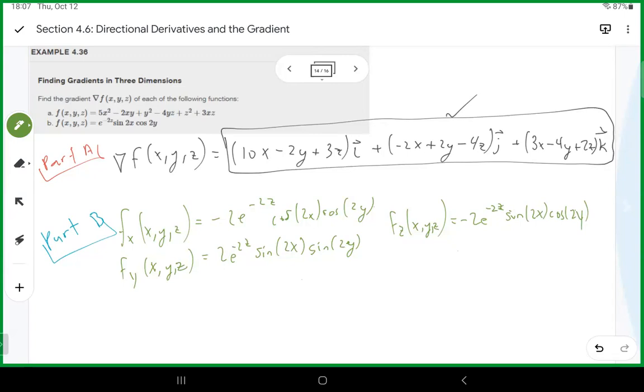And then now we just have to shove it all into the problem.